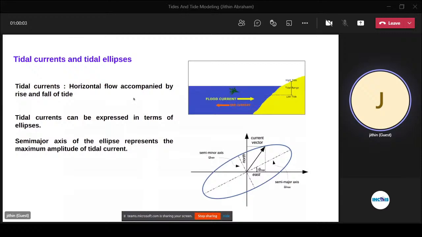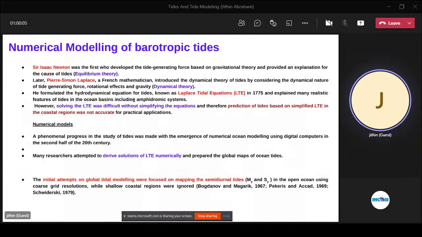Okay, so then we will move on to the numerical modeling of barotropic tides. This numerical modeling of barotropic tides has very vast applications, including in port areas and coastal areas for safe navigation and tourism purposes, and often to estimate the flow in narrow channels near the sea.